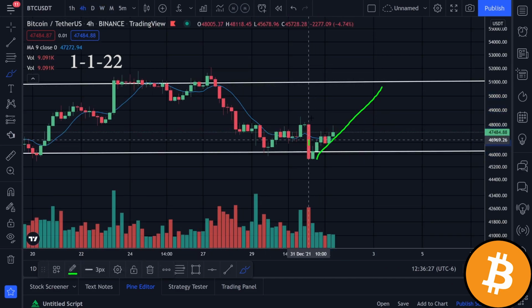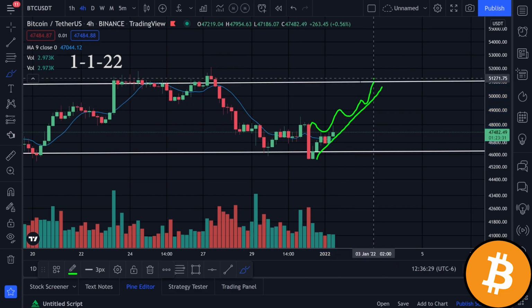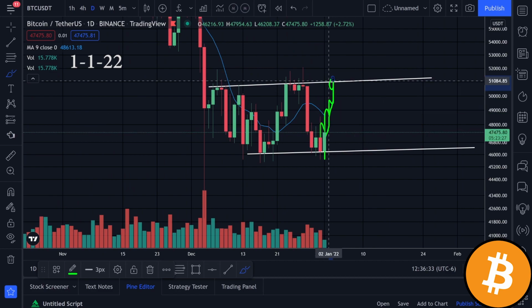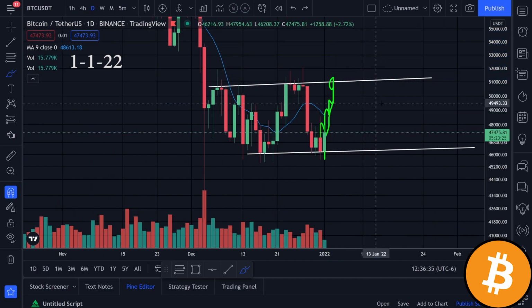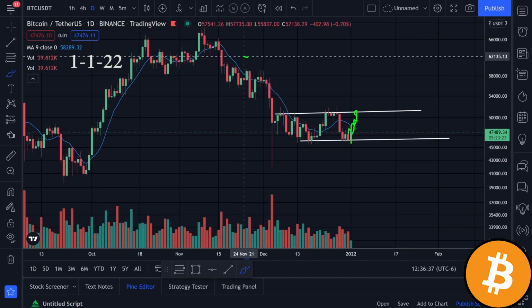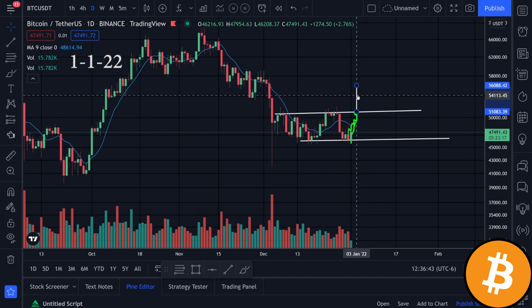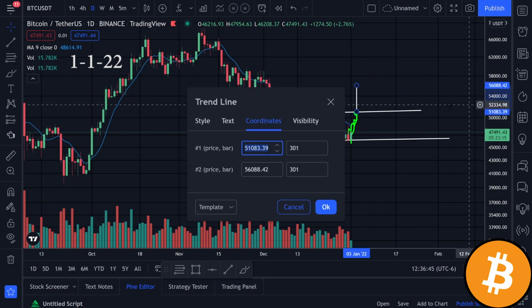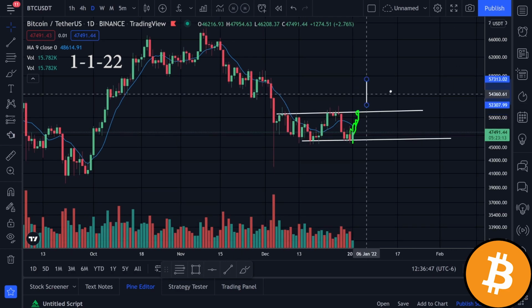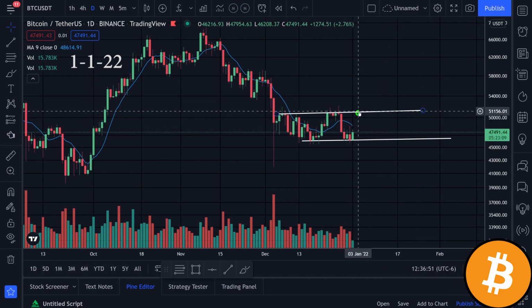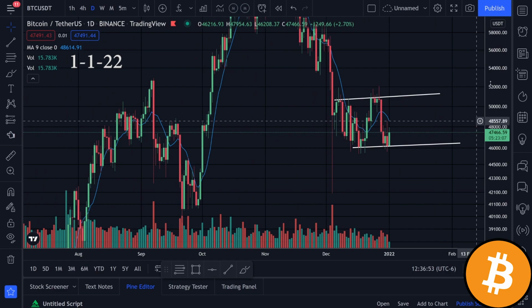So let's see if we can keep this momentum going to the upside, continue on this W pattern, and then possibly break out to the upside, and then start targeting the next previous resistances, or even just this W pattern from the top to the bottom, something like this, drag this to the breakout, and then we'd be looking at a target of approximately 56,000. But let's cross that bridge when we get there. Right now we still have to break this 9 moving average first. I think that's probably the first thing we have to do.